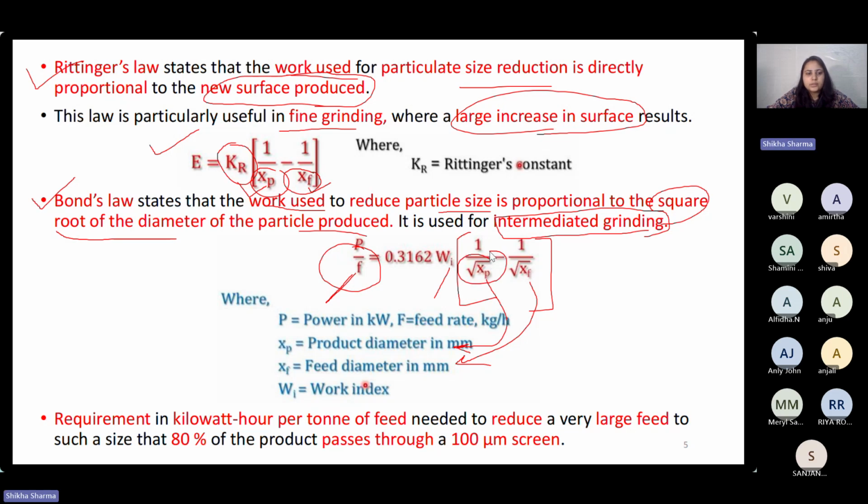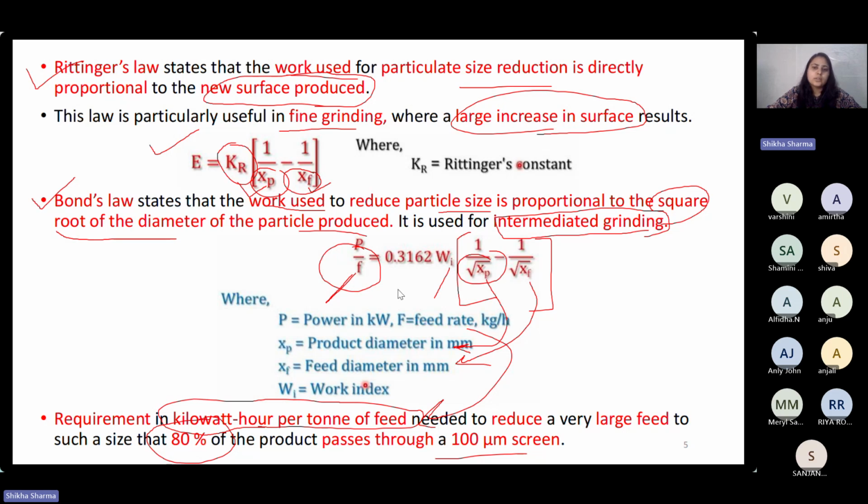diameter of the particles, and the requirement in kilowatt hour per ton of the feed, which is this F, feed rate, needed to reduce a very large feed to such a size that 80% of the product passes through a 100 micrometer screen.